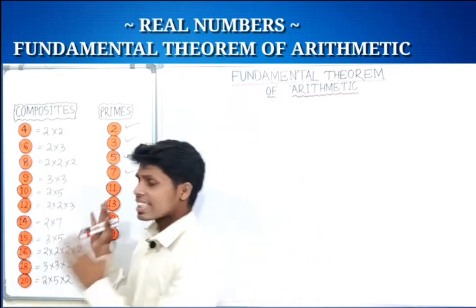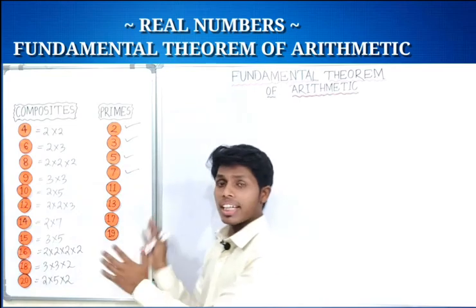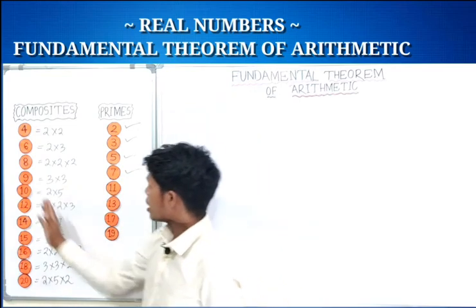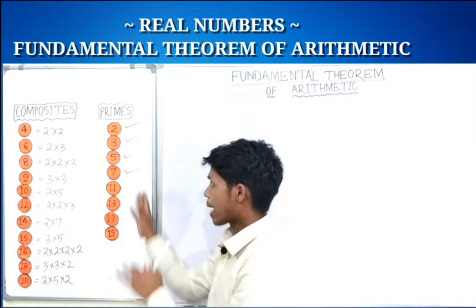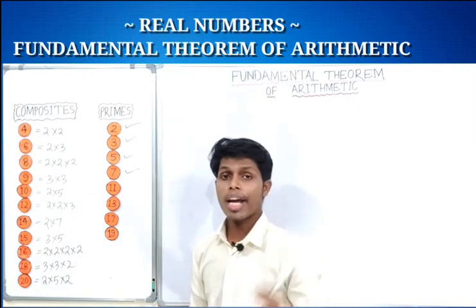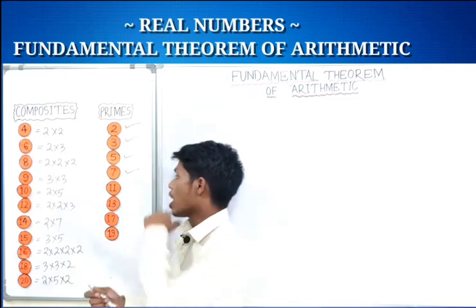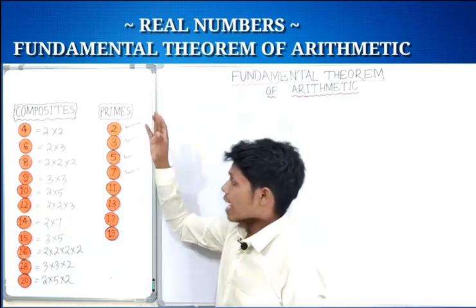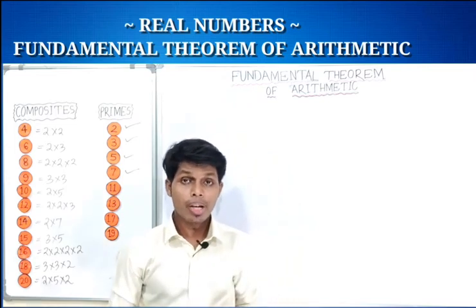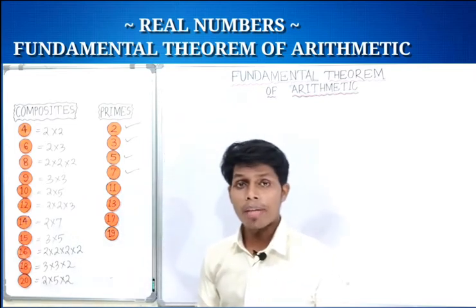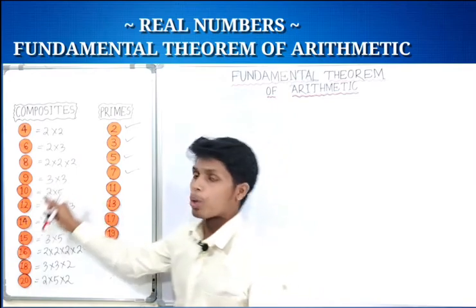Now let's analyze this situation in a reverse manner. Here we got that these composite numbers are composed of prime numbers multiplied a specific number of times. Alternately, we can say any prime numbers can be taken and multiplied together a specific number of times to get a composite number.